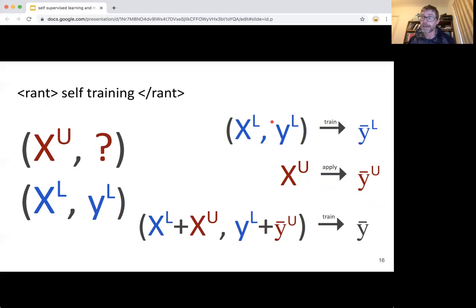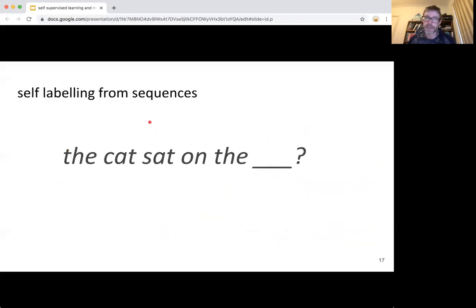It seems a bit like cheating to say that we can train a model over here, use that in application, and then just union things together and get a bump. But it actually does work very, very well. This is a technique that's been around for a long time, and I certainly encourage people to give it a go. So that's self-training rant over.